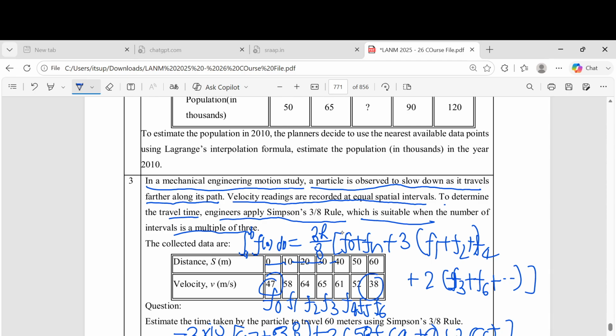So if we calculate here, we get 30 by 8, this is 85 plus 3.